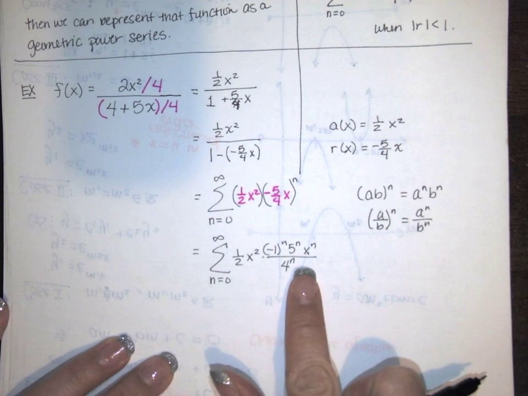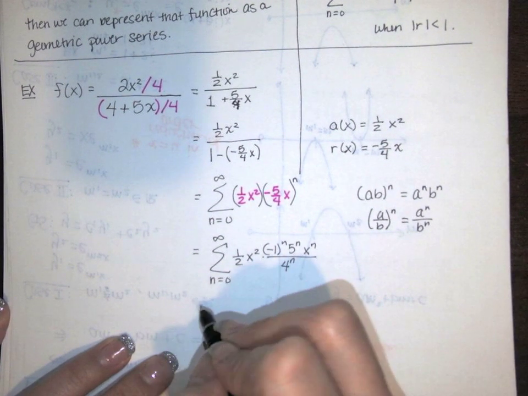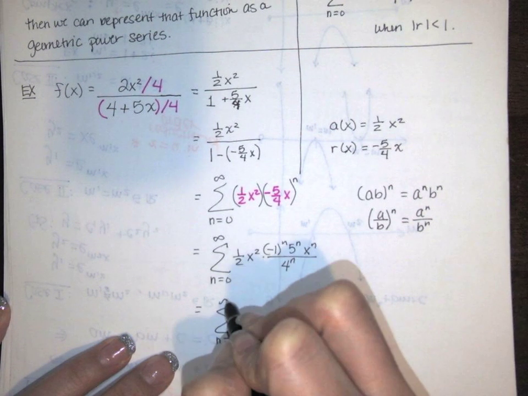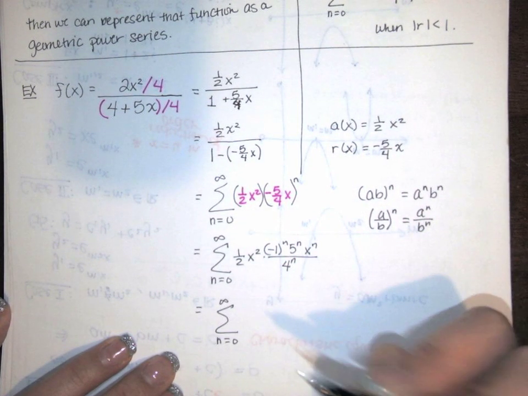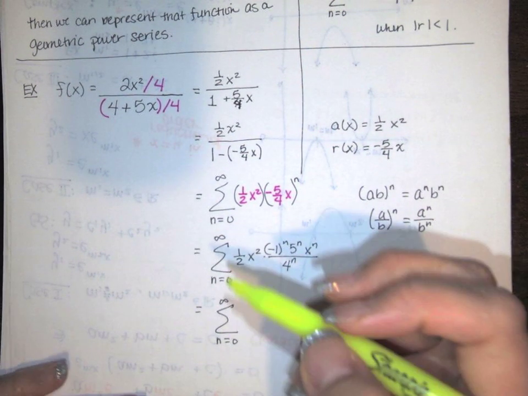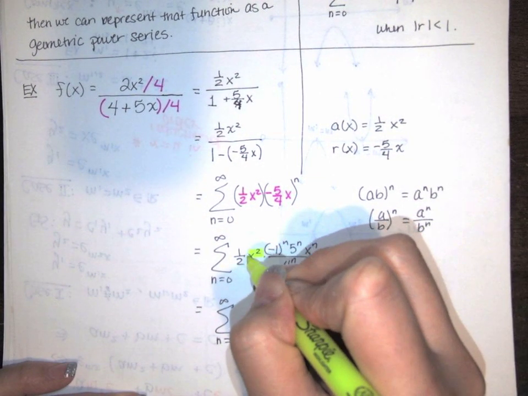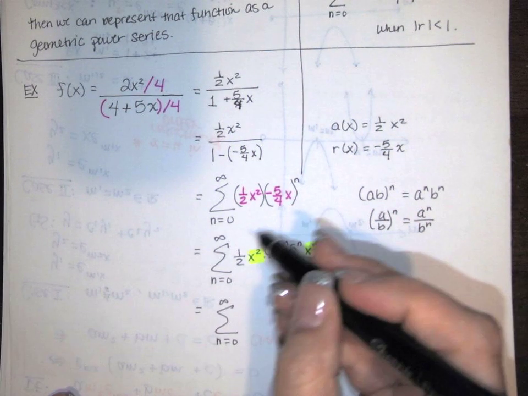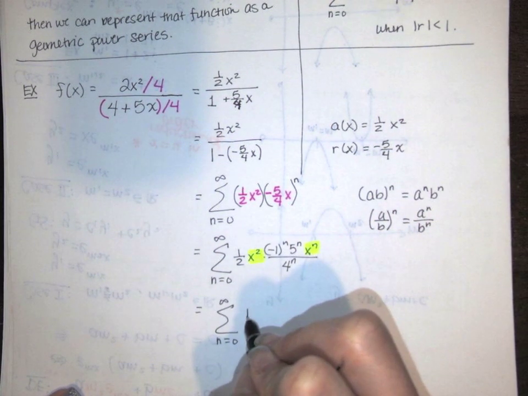Now it's still not as simple as it could be. I'd really like to have this as a constant that depends on n, times x to some power. So I'm going to multiply this x squared and that x to the n together. All the rest of that is a constant, so I can factor that out.